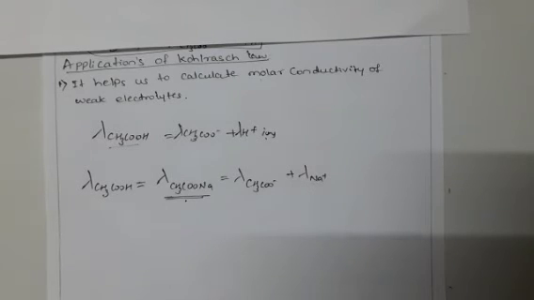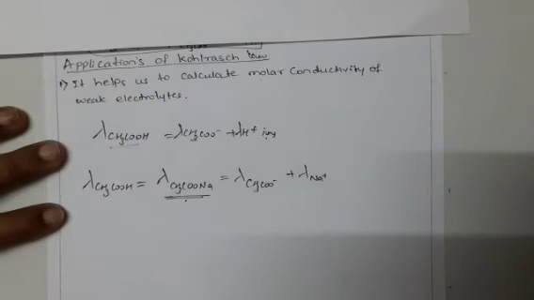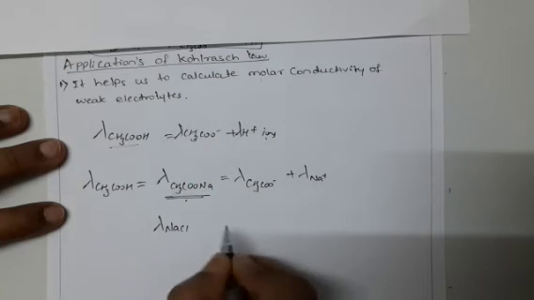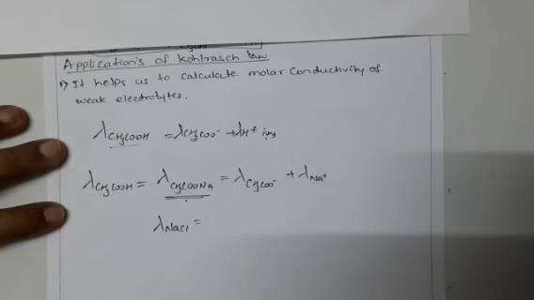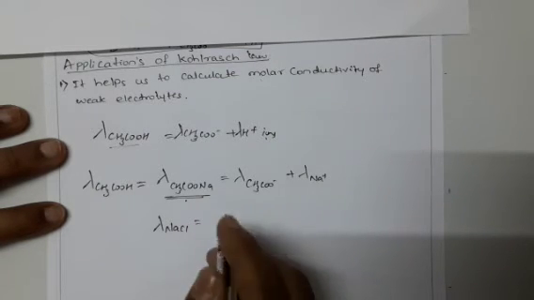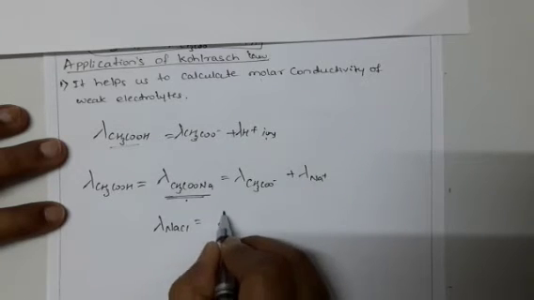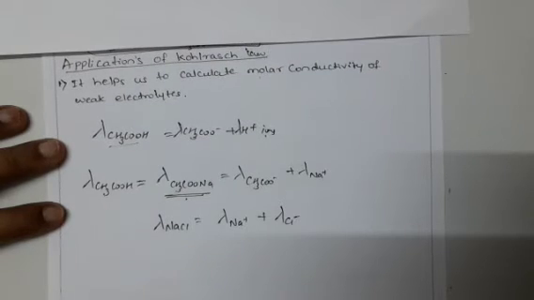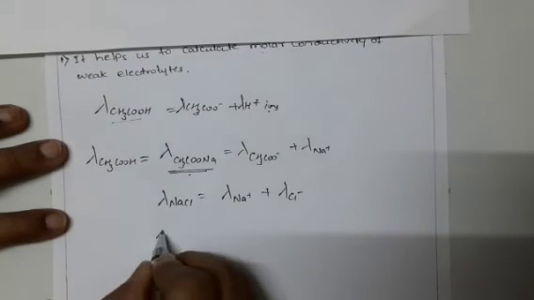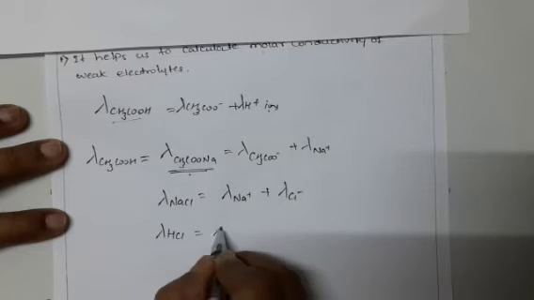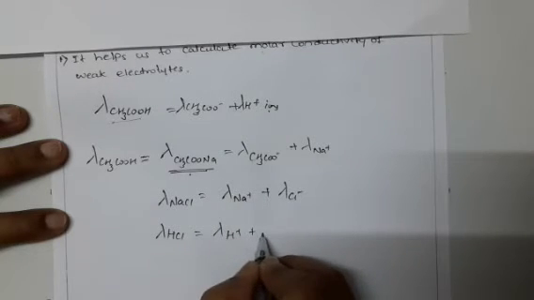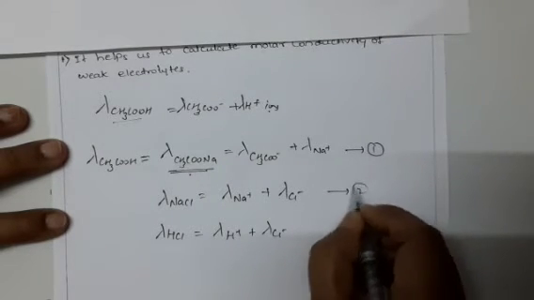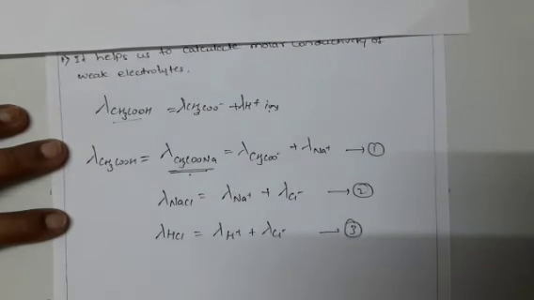Next we take lambda NaCl. This is a strong electrolyte, so it contributes Na plus plus Cl minus, isn't it? Like that we take HCl, which is H plus plus Cl minus. This is the second equation, and this is the third equation.